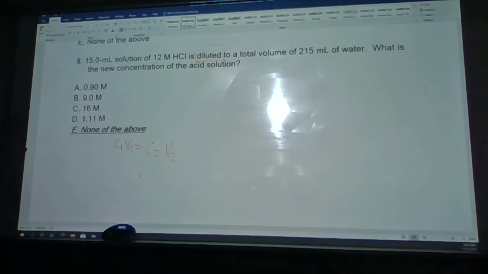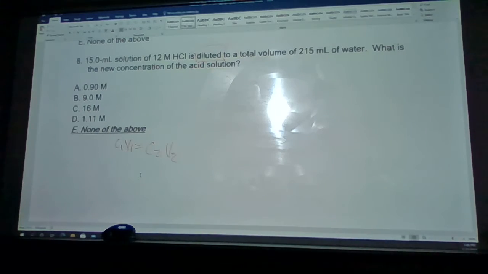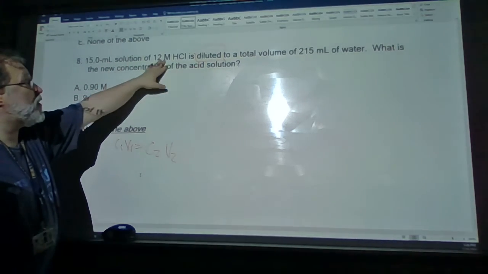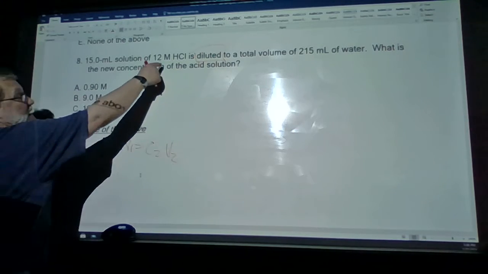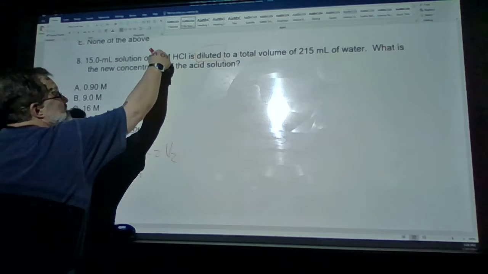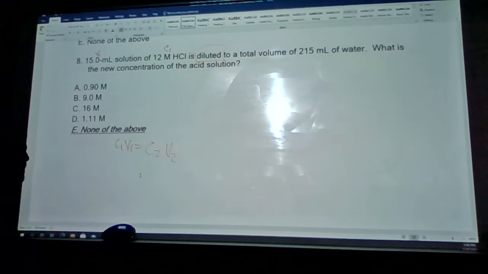So we see dilution, C1V1 is equal to C2V2. 15 ml of a solution, which is 12 molar, is diluted. So this is what has water being added to it. Therefore, this is C1, that is V1.